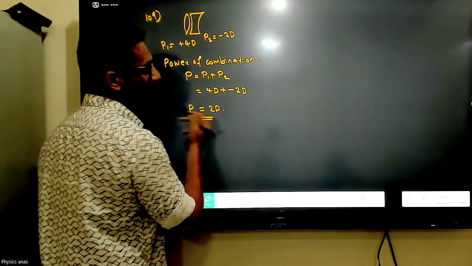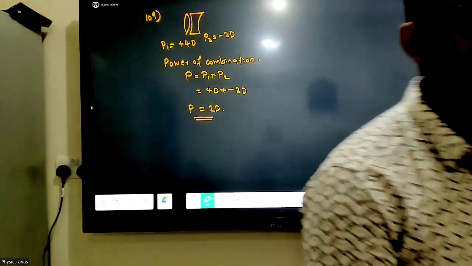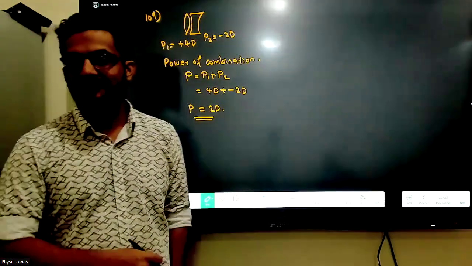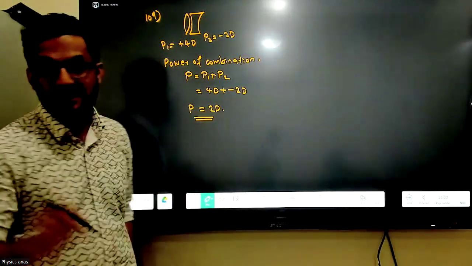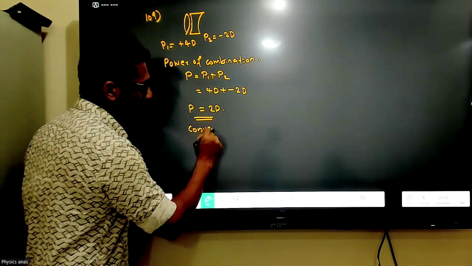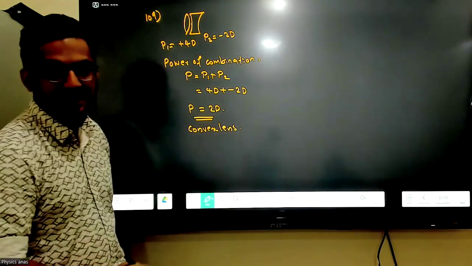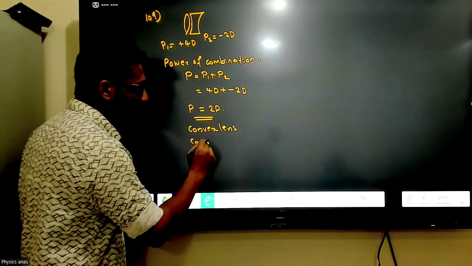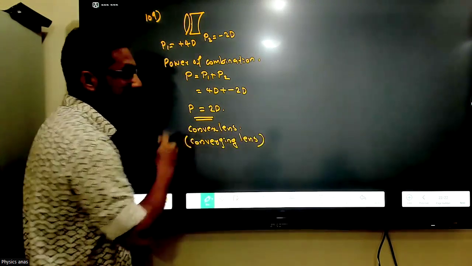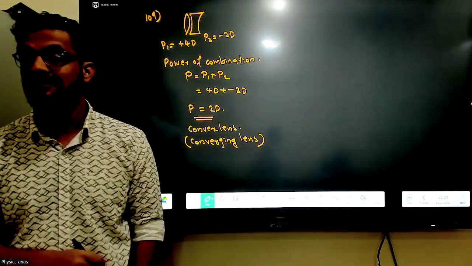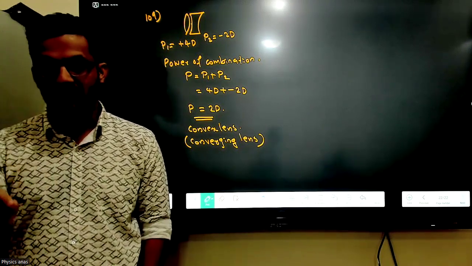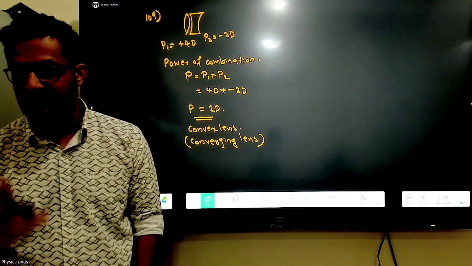That's the power of the combination. Now tell me, what is the type of the lens? Power is positive, and positive power means it's a convex lens. If it is a convex lens, the nature is a converging lens. Did you understand it?